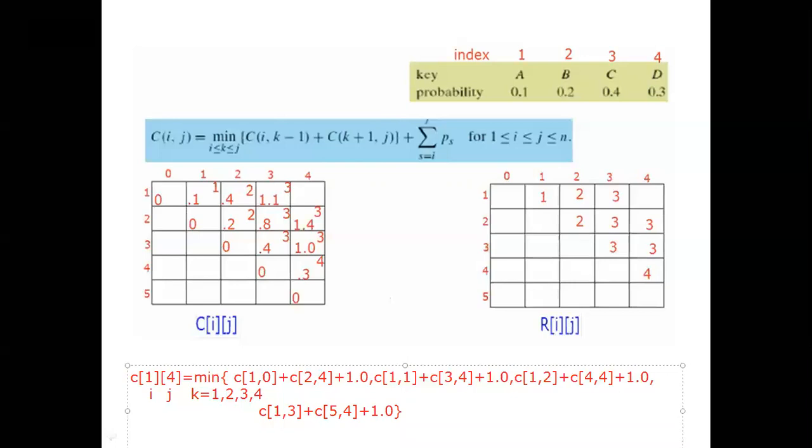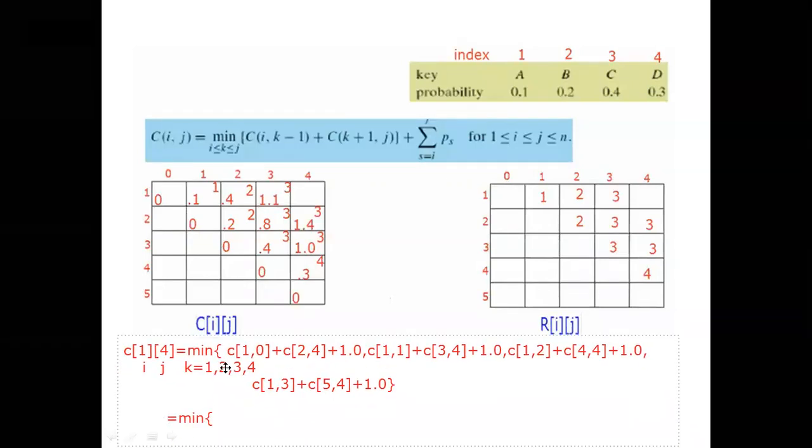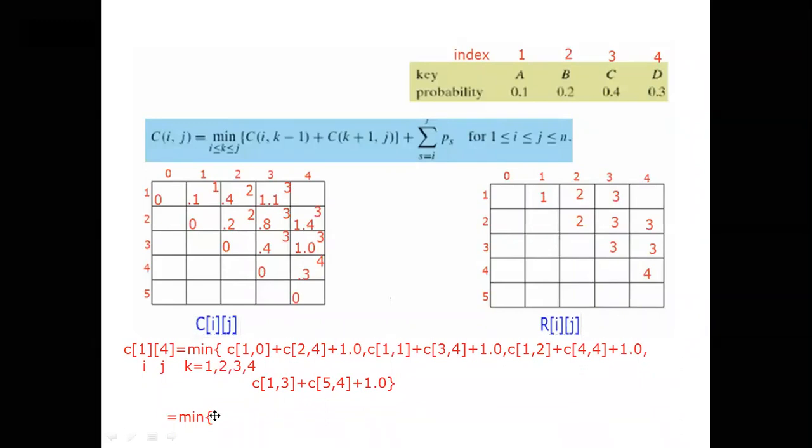Now I should calculate each value. I will write here minimum of, right? I will put this value a little bit top. Okay. Minimum of 10. What is 10? 10 it is 0, plus 24.